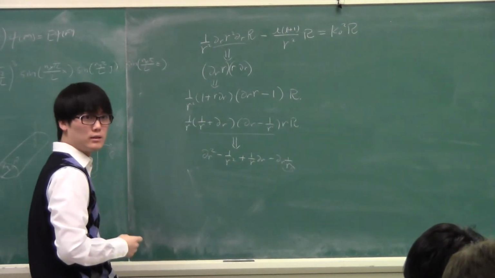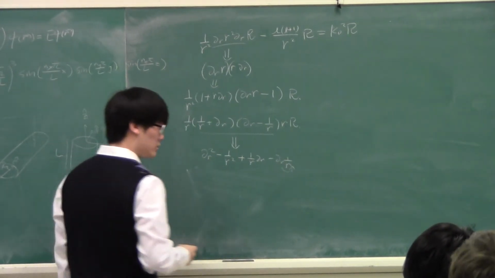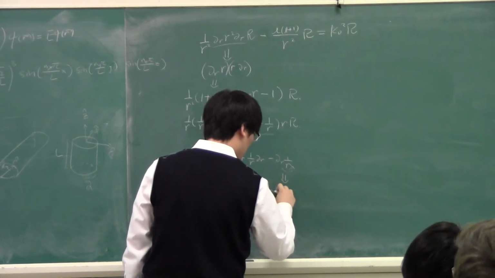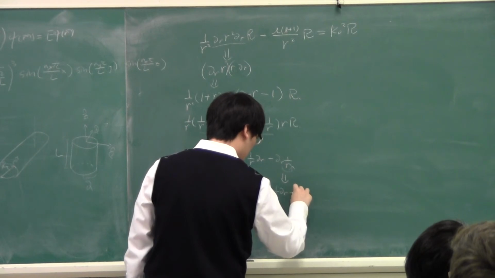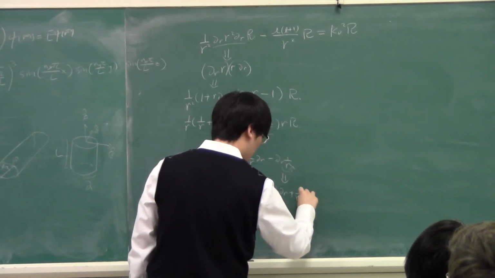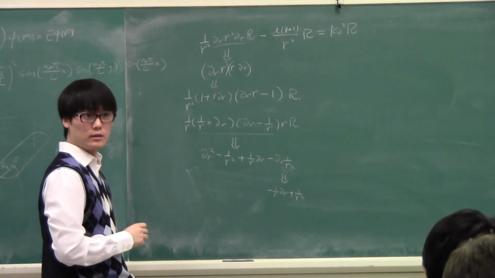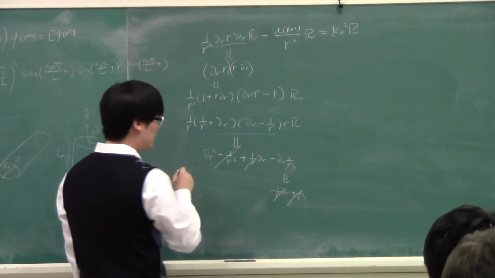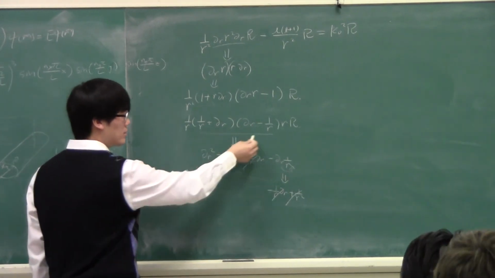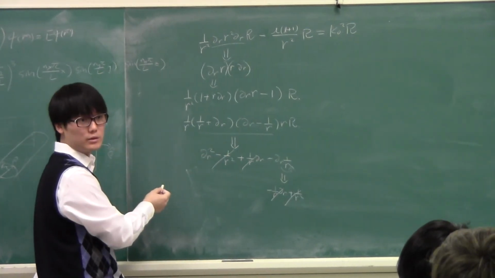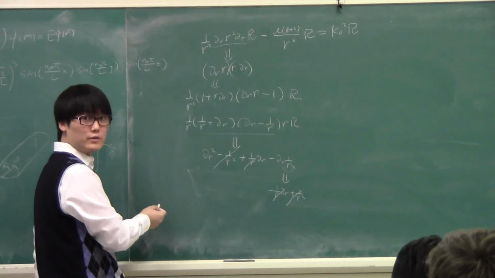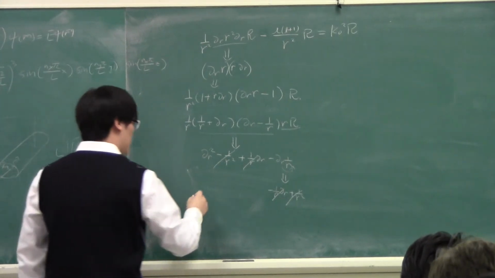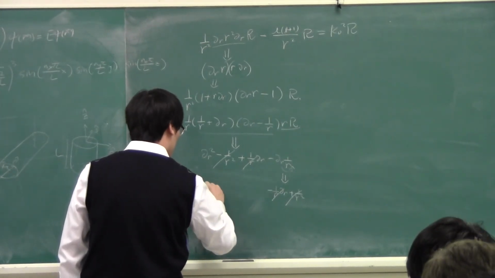And by chain rule, this step turns into minus 1 over r dr plus 1 over r squared, correct? Just using chain rule. So now cancellation happens, and great. This operator is actually just the second derivative with respect to r, but it's operating on a different function now. It's operating on r times R. So this provides us with a natural change of variables.